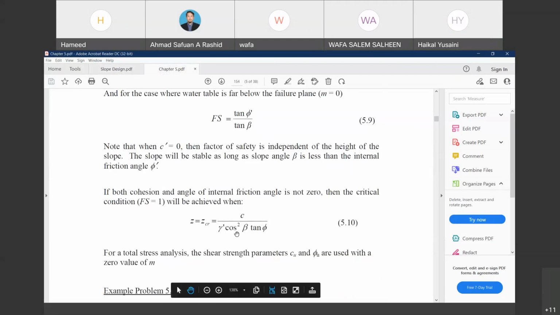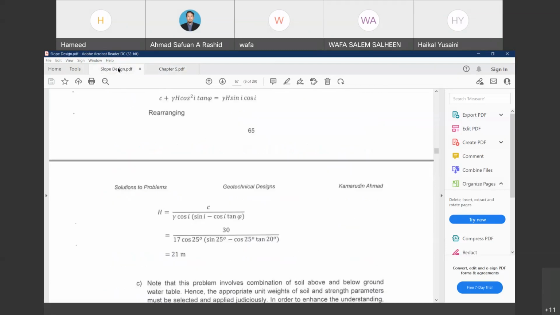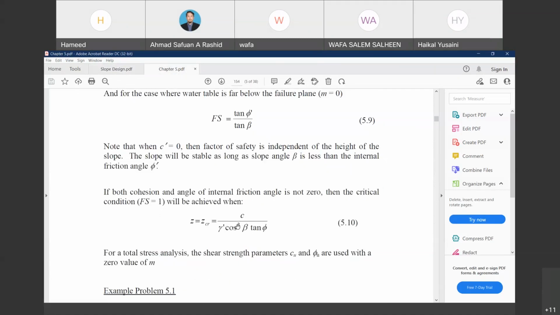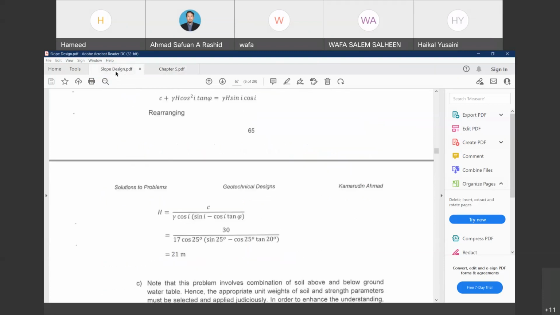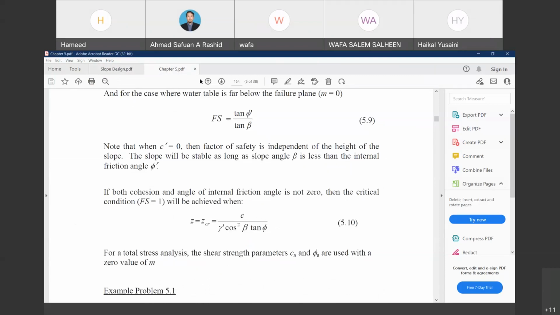Cos 25, tangent of phi, tangent 20. Is the answer similar or not?